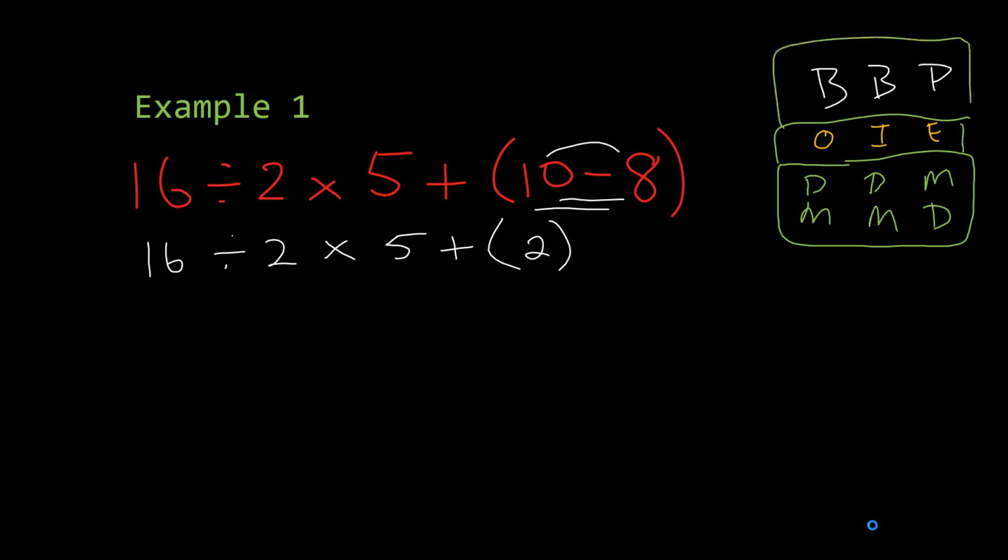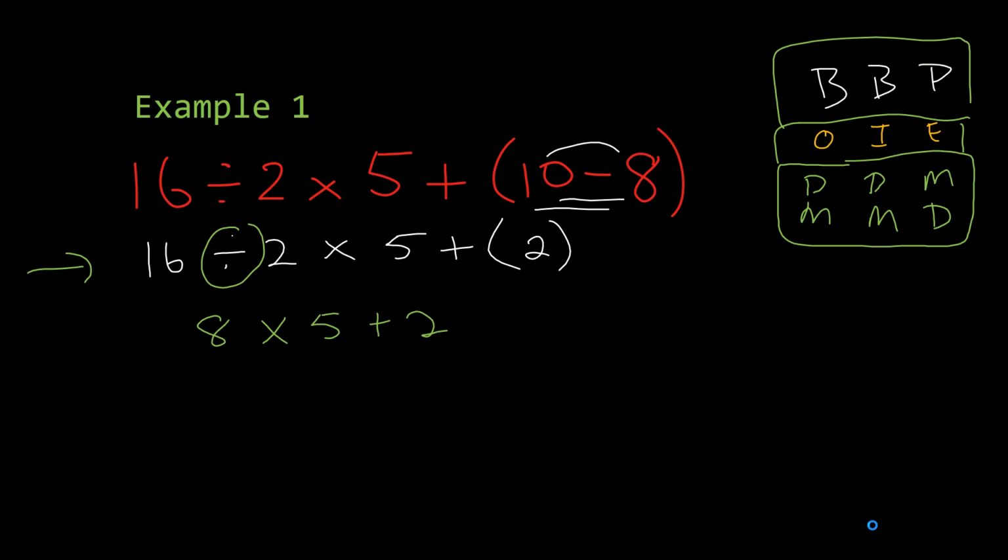I see already that moving from left to right, I came across this division first, so I will work with that. 16 divided by 2 is 8. I put back my multiplication, I put back my 5, and I put back my plus 2 without the brackets.